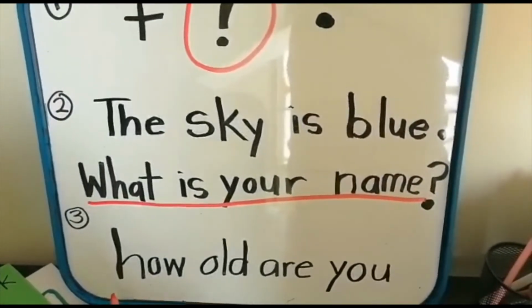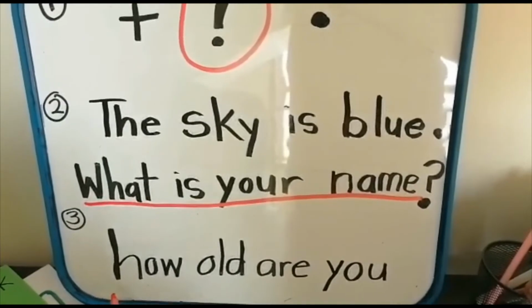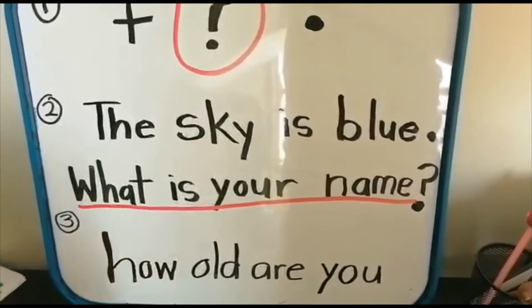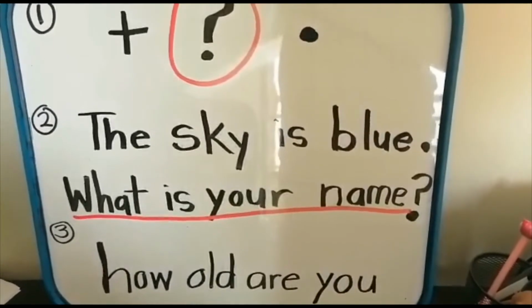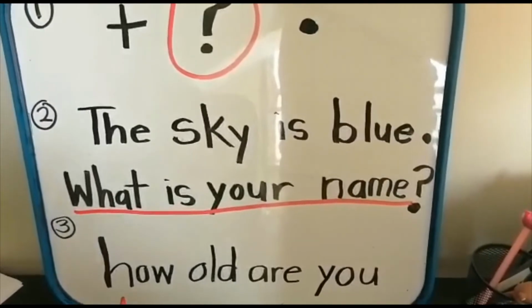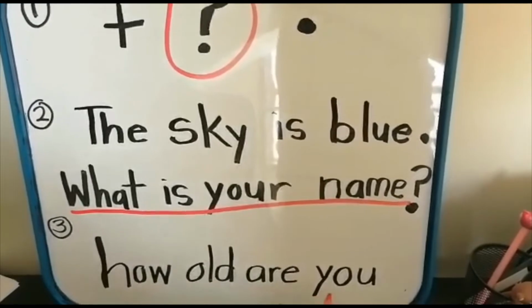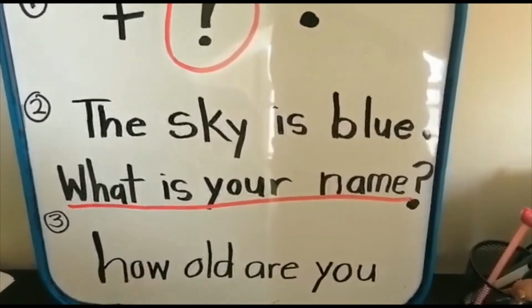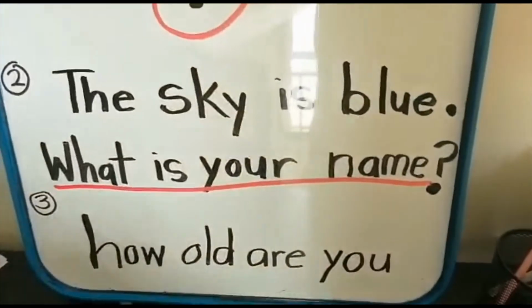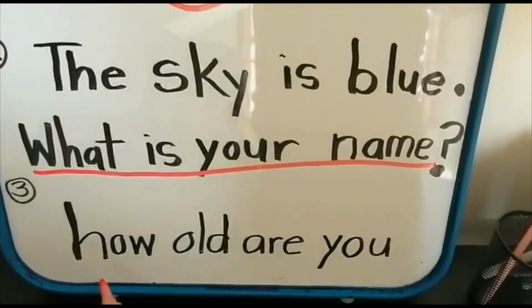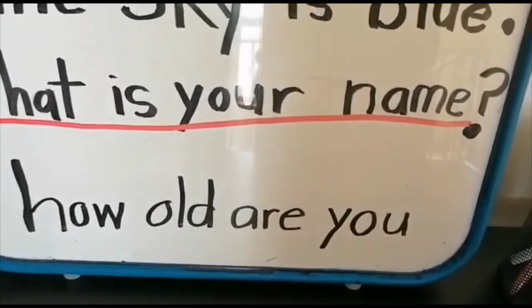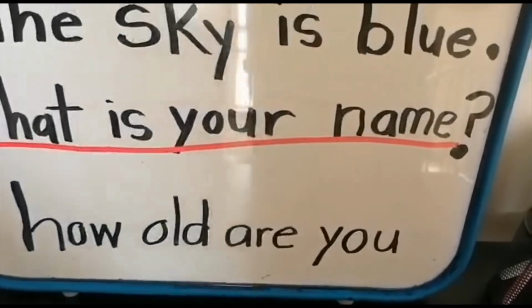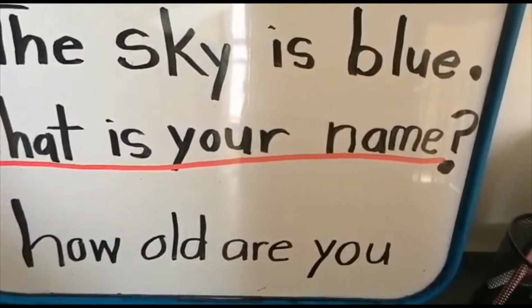We have a question, but there's something wrong with our question. Can you help me fix the question? Let's read it. How old are you? So I'm asking you something. This is a question, but who can tell me what is wrong in the question? Aha! What does a question start with?